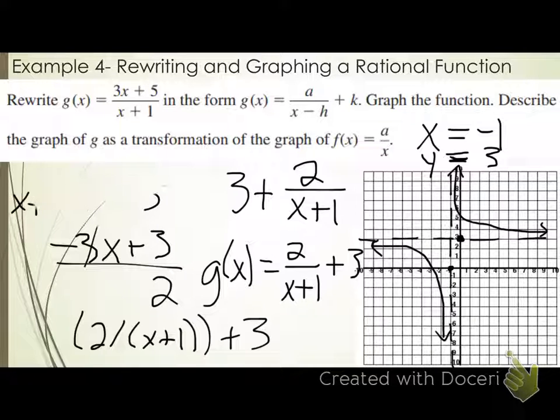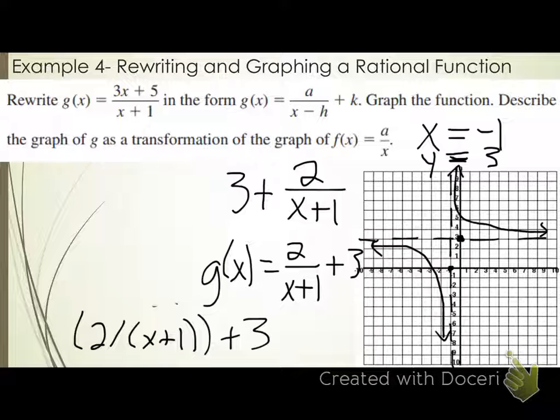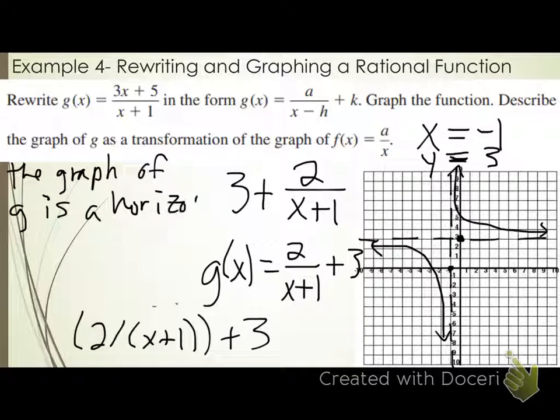So I would say the graph of g is a horizontal translation. How many units in which direction do we say for the horizontal translation? Did I go left or right, and how many did I go? Left 1.